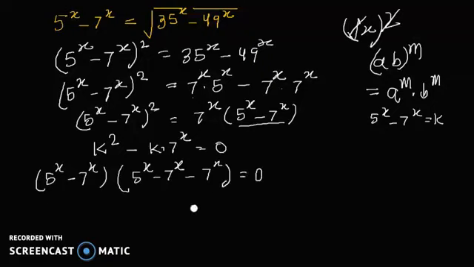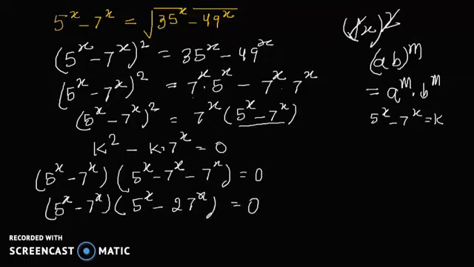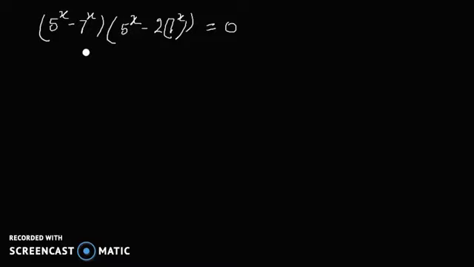equal to 0. Now we can rewrite it further as 5 raised to power x minus 7 raised to power x times 5 raised to power x minus 2 times 7 raised to power x equal to 0. So in the previous slide we got this result.